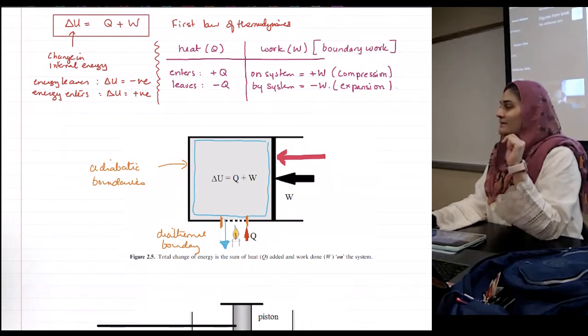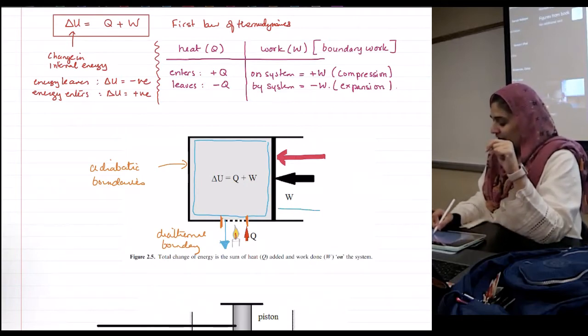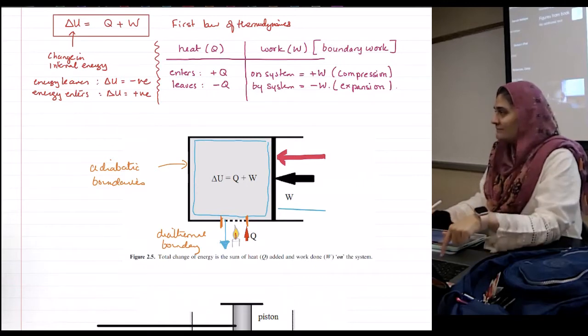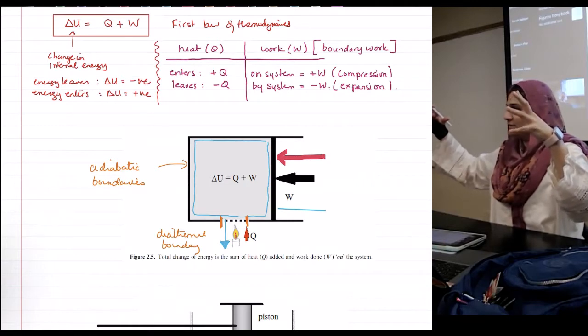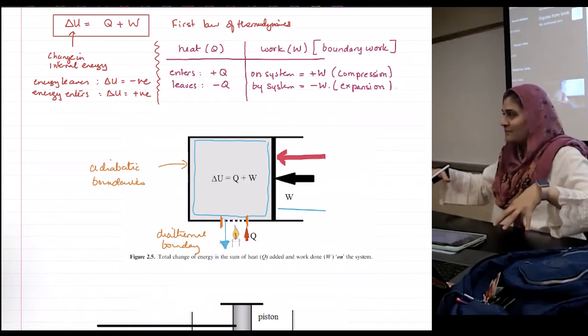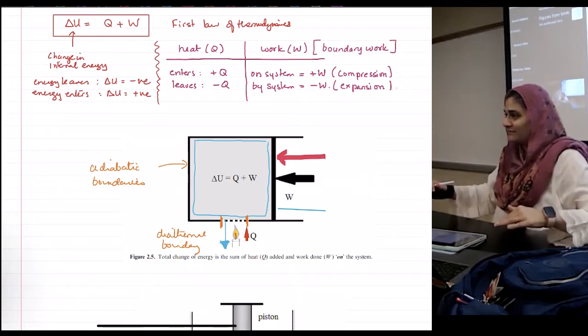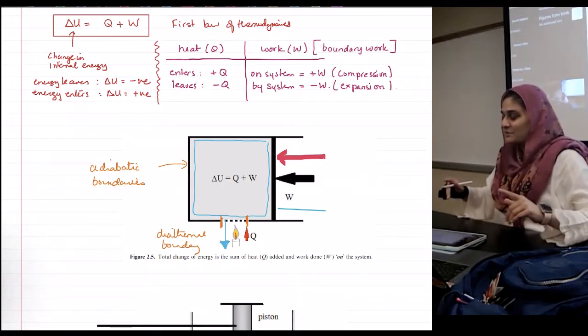How will I make W decrease? Expand. When I expand it, what happens to the delta U? Goes down. What happens to the temperature? Goes down. Make sense? That is what you have to remember.